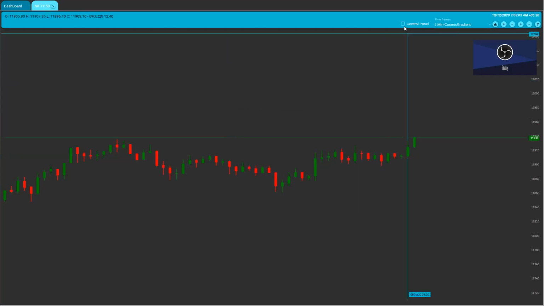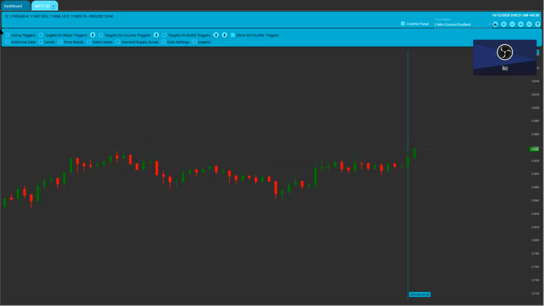Now comes the control panel. All the controls which are available in the software can be monitored through these checkboxes. Here we have swing triggers, meaning all major triggers, counter triggers and bullet triggers will be displayed by checking this.